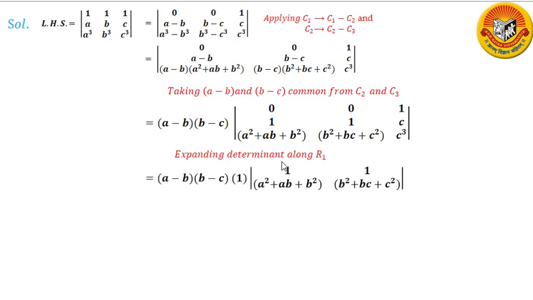So as I expand, this is 0, this is 0, so I will not write that, and this is 1. Now first row and third column, so I am getting index as 4, so minus 1 power 4 is 1, so I will use the positive sign, and then I leave the third column and first row, I get 1, row wise I get 1 1 and A square plus AB plus B square, and this element as B square plus BC plus C square.